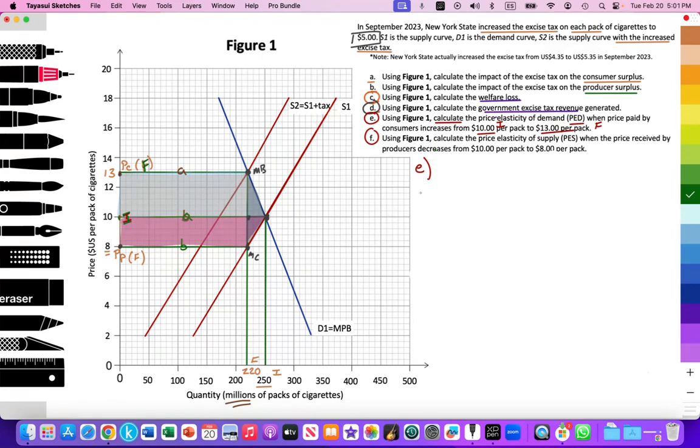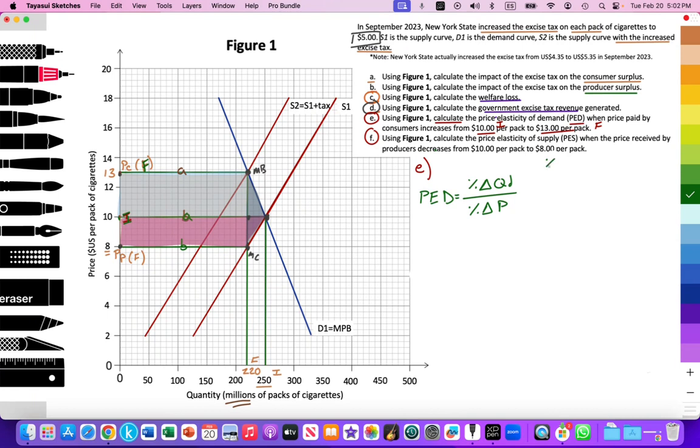So PED, what is the formula? You need to know that. You don't get a formula sheet for your paper 3 May exams or November exams. It's the percent change in the quantity demanded divided by the percent change in price.